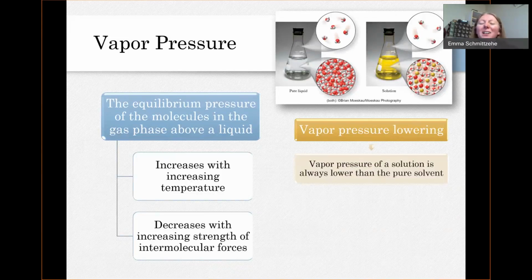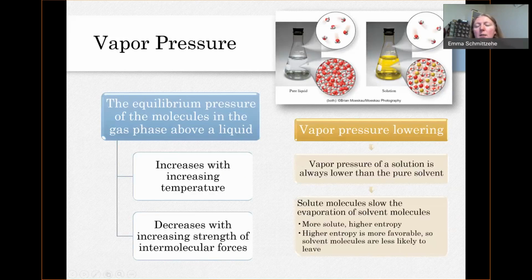Now, by how much depends on how much stuff you're dissolving, so how many solute particles are going into that solution. But the reason that this happens is because the solute particles you put in that solution slow the rate of evaporation of those solvent particles.